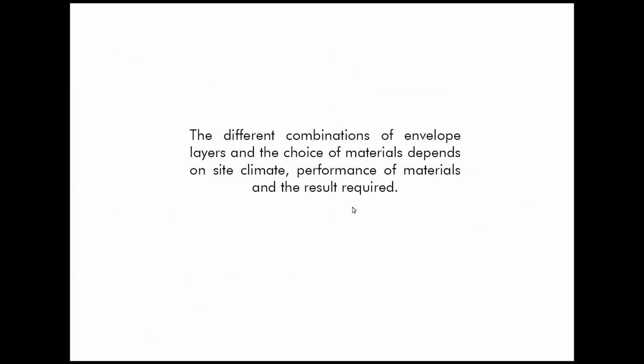That means that if I am in Europe, I can have an envelope with materials and an order of materials that are different from an envelope of a wall created in Saudi Arabia, because Saudi Arabia has a different climate, a different need. That means a different performance of my wall.